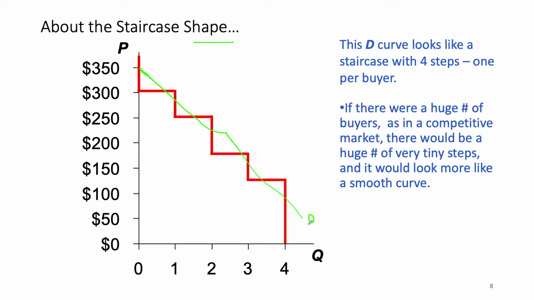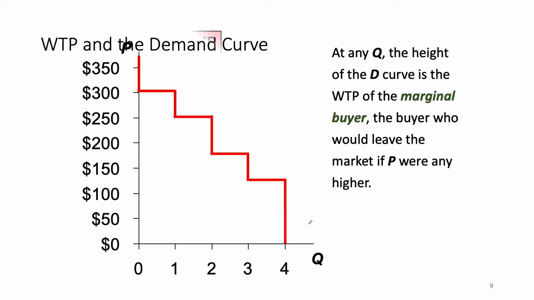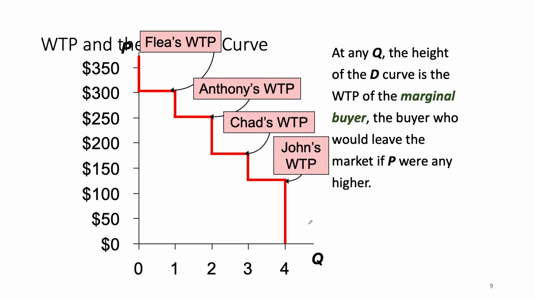All right. I hope things are clear so far. So the question then is, how do we read the demand curve using the stepwise function? What it tells me is that the height of the curve at any given point, this vertical distance, tells me the willingness to pay of the marginal buyer.